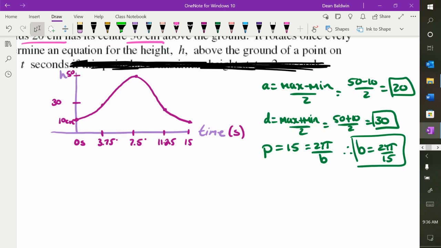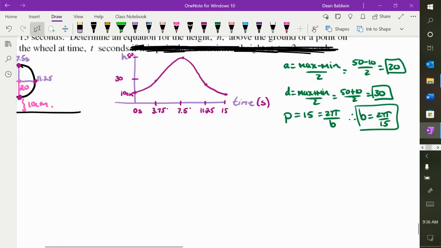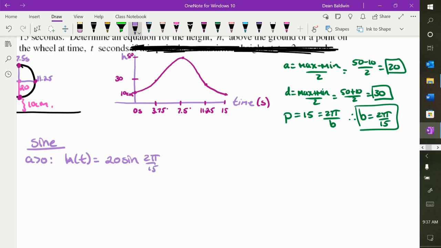Okay. We got A, D, and B. Now we got to do C. C is dependent on which function you want to do. I'm gonna do all of them, but if you just pick one and go with it, that's fine. So if we're doing sine graph, and we're doing A is greater than 0, the equation is h of t is equal to, what's our A value? 20 sine, B value is 2 pi over 15, times t.